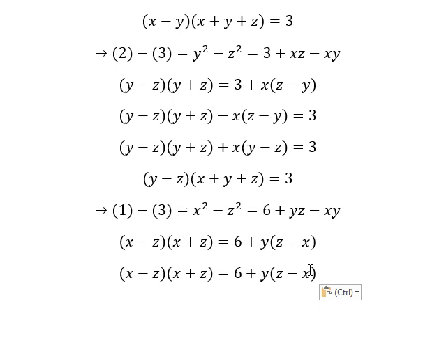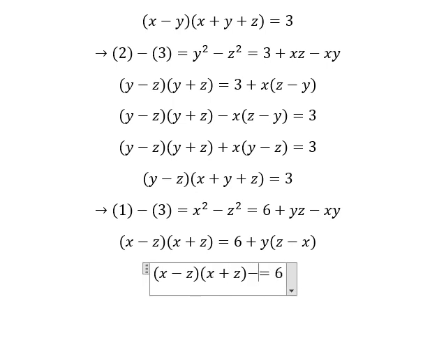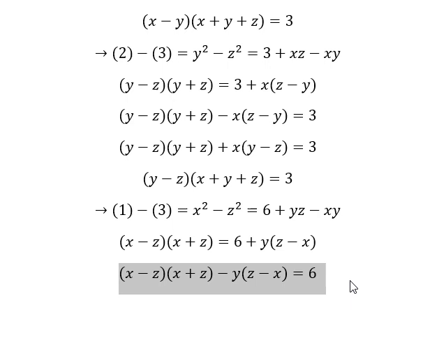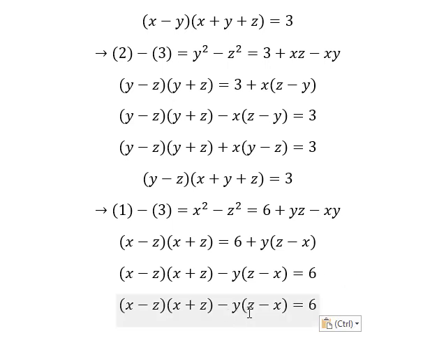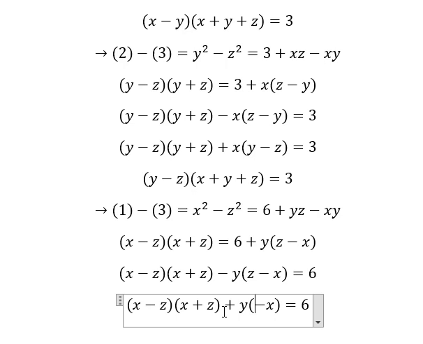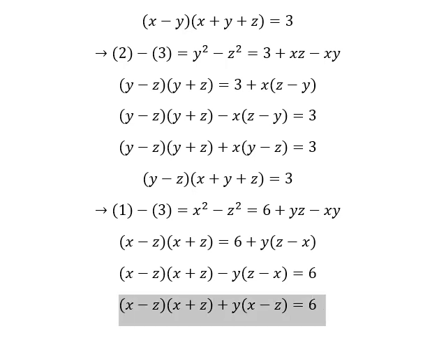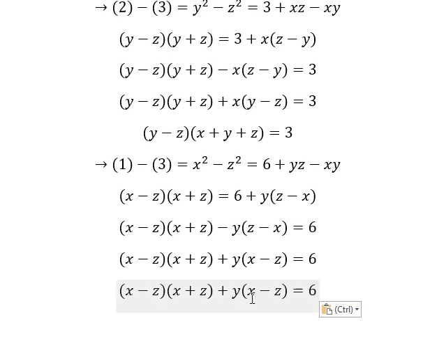Now I will put this one to the left. Next, the negative will change the sign of this one. Now we can do factorization. So we have it like this.